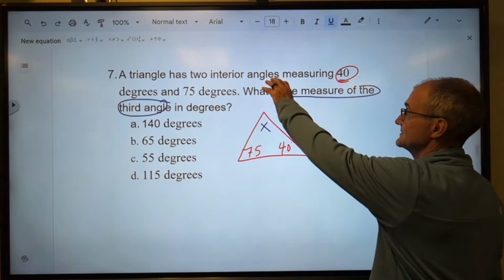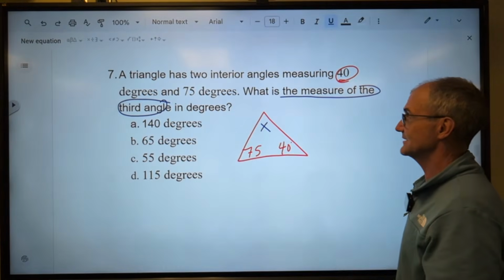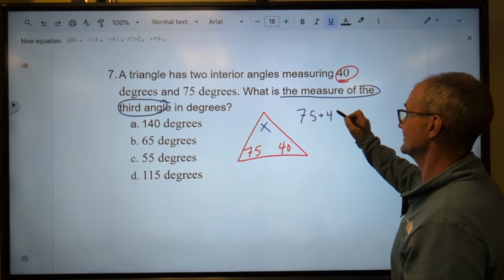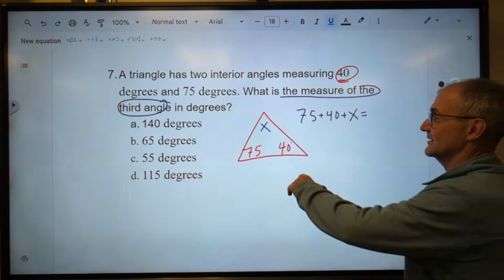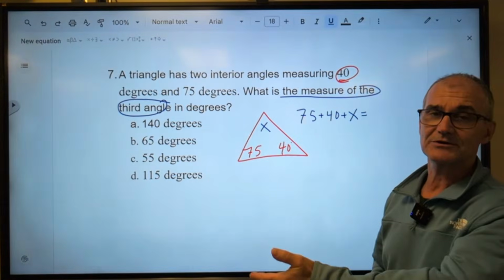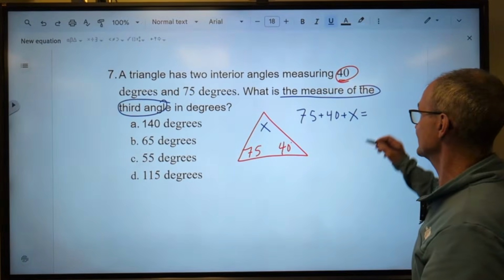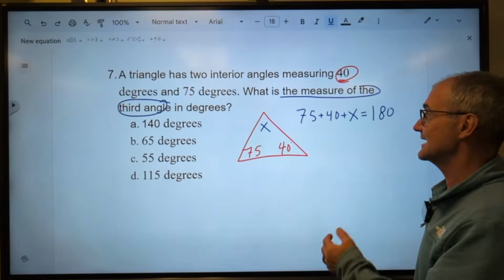Step 1, sentence to picture. Step 2, identify what I'm looking for. Step 3, create an equation. 75 plus 40 plus x has to equal, here's the kind of trick, the geometry part you got to know. All 3 angles in a triangle add up to 180. Now I have my equation.